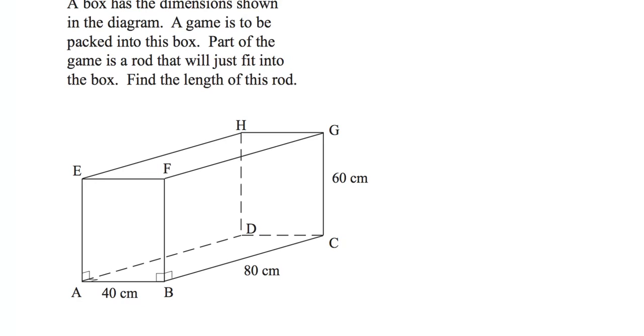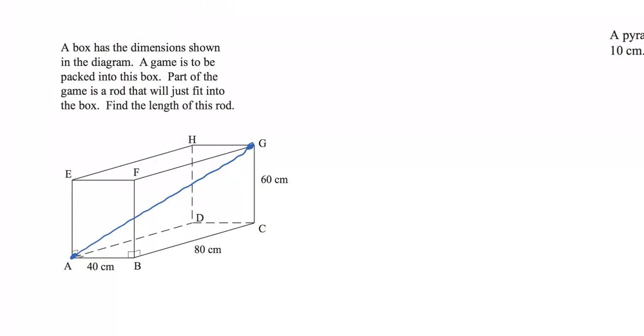Now, the best way of packing a long item into the box is to go from opposite corner to opposite corner. So imagine the rod being that blue line there. If we could find that length, then that would be the maximum size of the rod, right? Okay, but unfortunately, things are not straightforward.